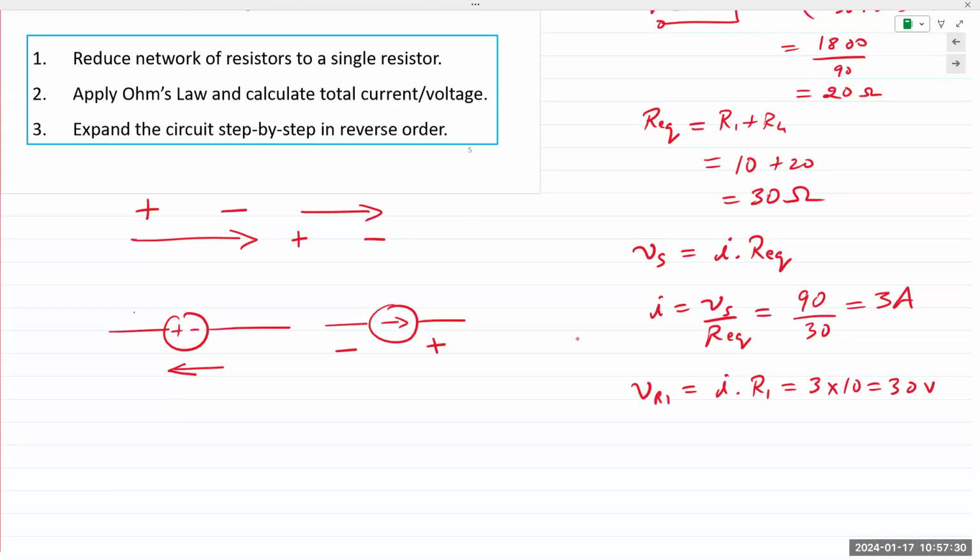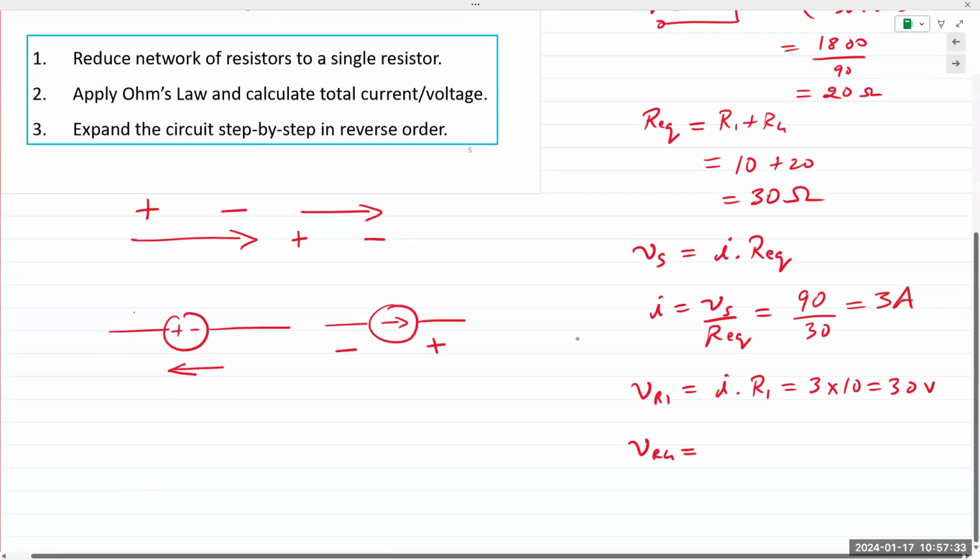So VR4 is I times R4. 3 times, what did you say it was? 20, 60 volts. We can also find it from KVL.